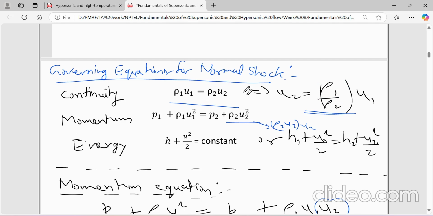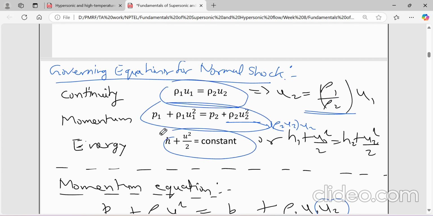These are the three governing equations; I am writing them only in different forms. Continuity: ρ1 u1 equal to ρ2 u2. Momentum: p1 plus ρ1 u1 square equal to p2 plus ρ2 u2 square. And the energy equation: h1 plus u1 square upon 2 equal to h2 plus u2 square upon 2.